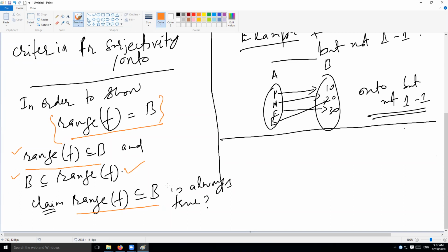So I can't say that my given function is onto at the moment. I want to know that if I give you a function, how you are going to know that this function is onto. Understand this point. I am not saying the function is onto. If it is onto, then there is no need to prove it. Yes sir, in the definition of function we studied and proved there that range of f is always a subset of B.